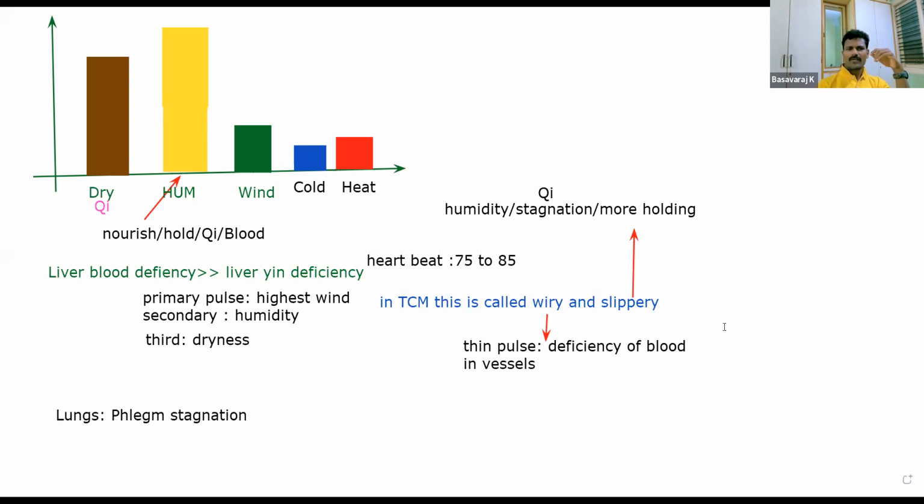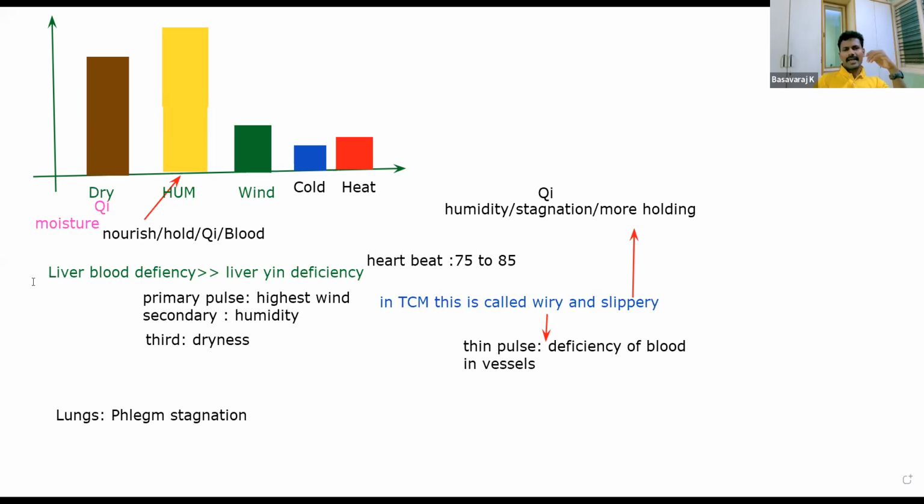So whenever dryness is balanced in the body, your body, skin, digestion system, everything is moisturized. When dryness is disturbed in the body, what happens? Which is responsible for chi production and which is responsible for moisturizing.